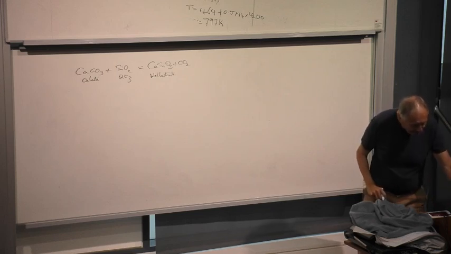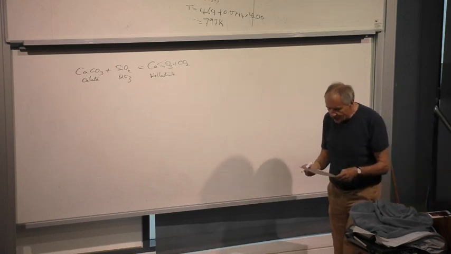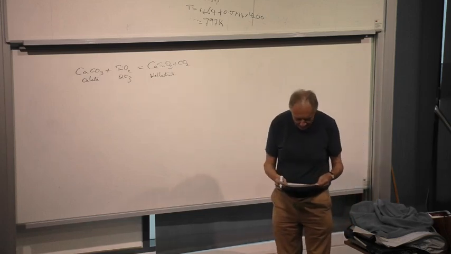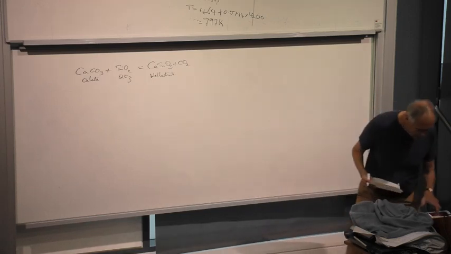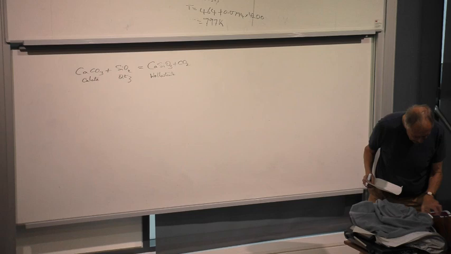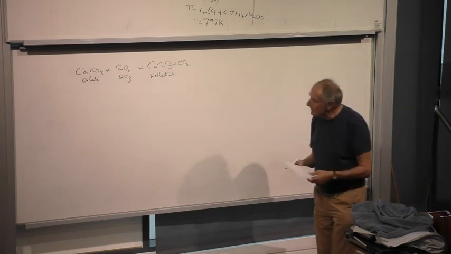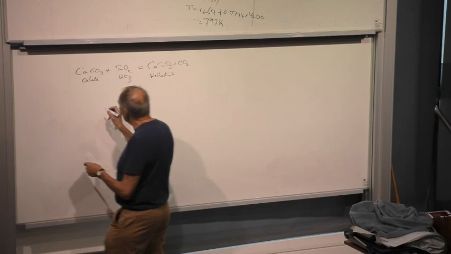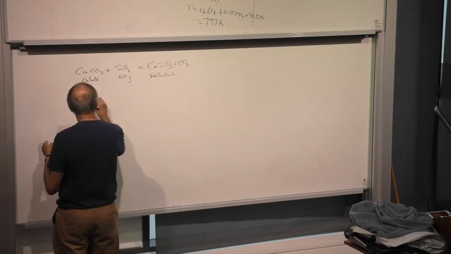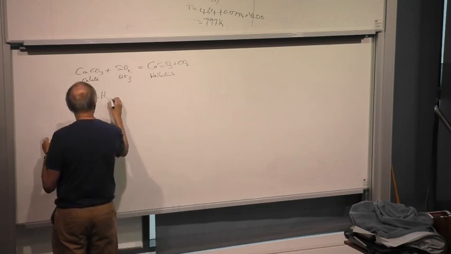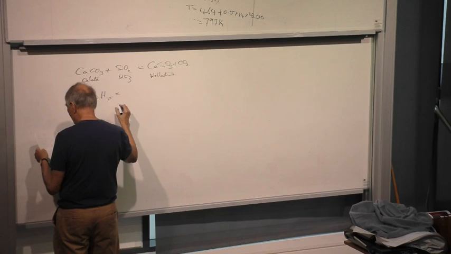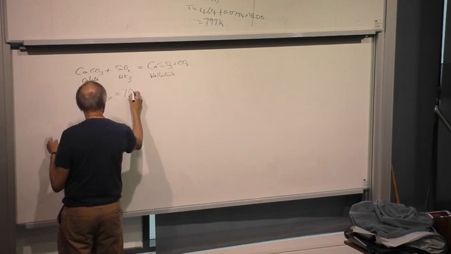And I've got some data for this reaction. I think, yes I do. So delta H at 1 bar and T is 79,200 joules.